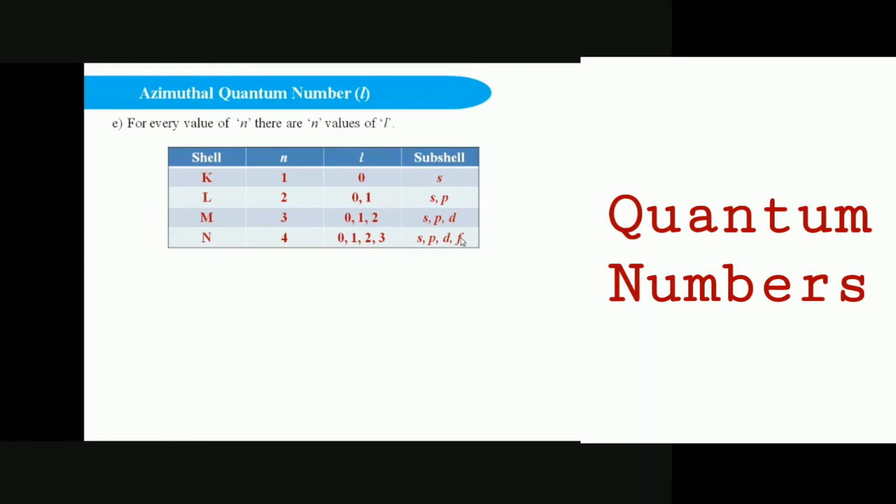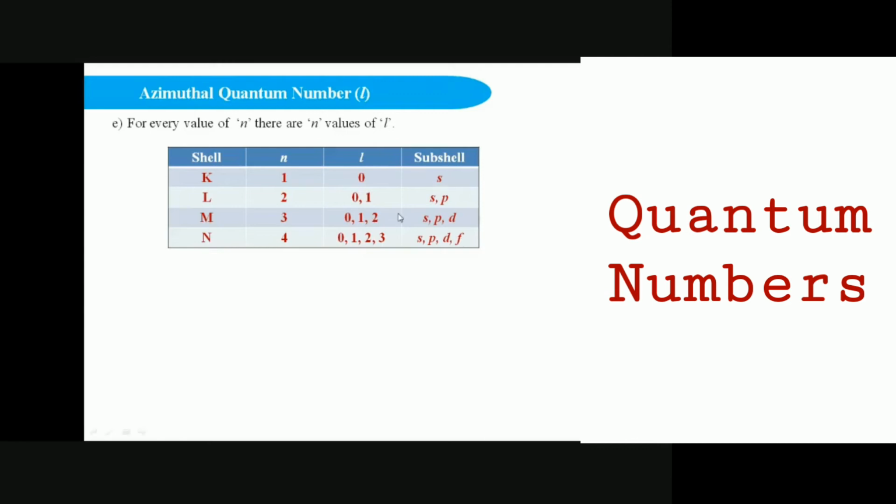And if n is 4, it will have 4 values, 0, 1, 2, 3. This means from the number of the shell, we can determine the number of subshells. The first shell will have only 0, one subshell. Second shell will have two subshells, third will have three subshells, and fourth will have four subshells.